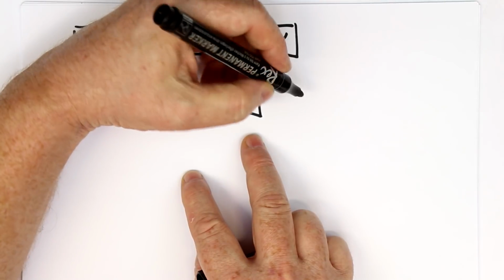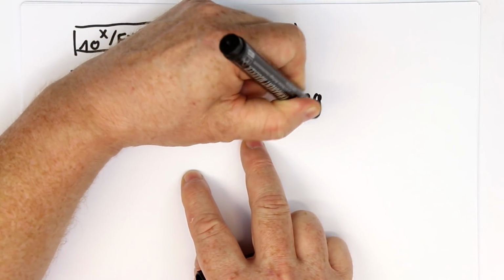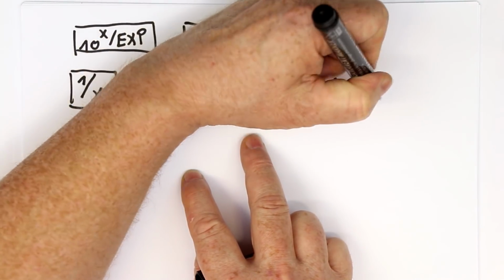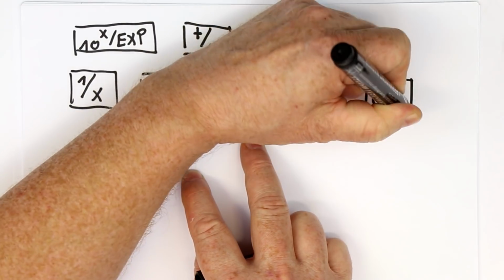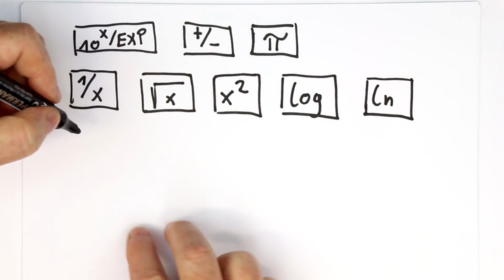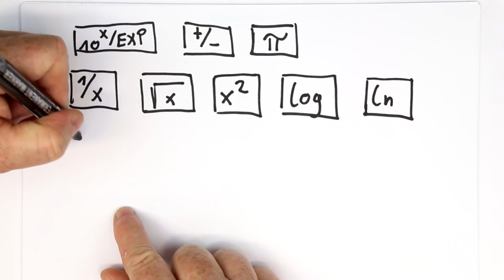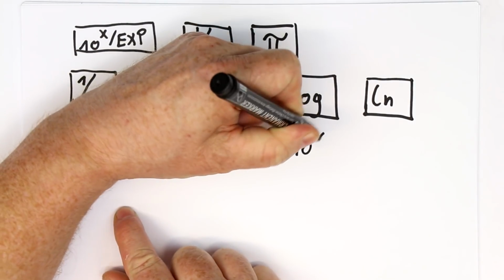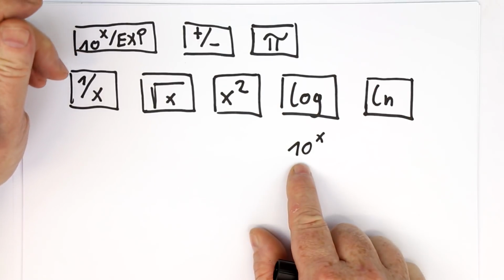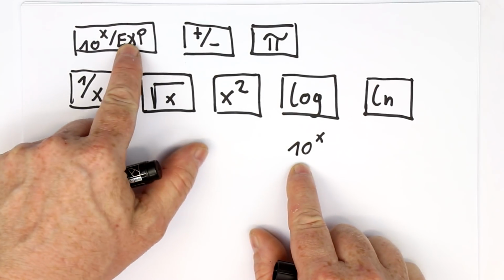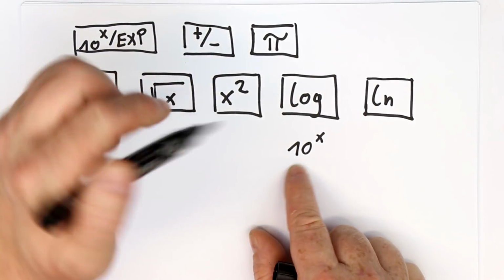What else do we get? The log base 10, the natural logarithm base e. We should have the inverse functions to those, which is not the exponential scientific notation here.